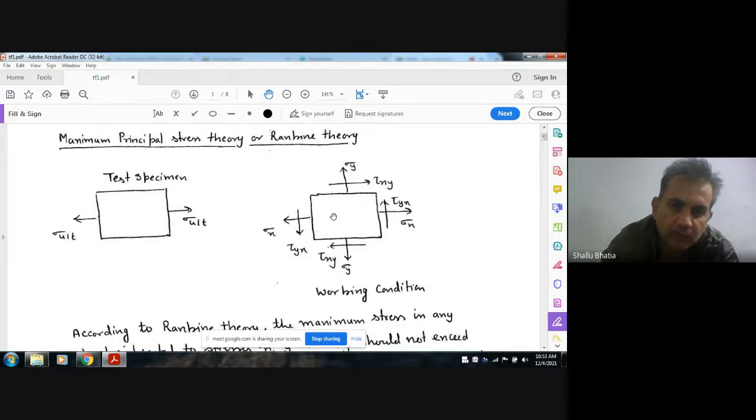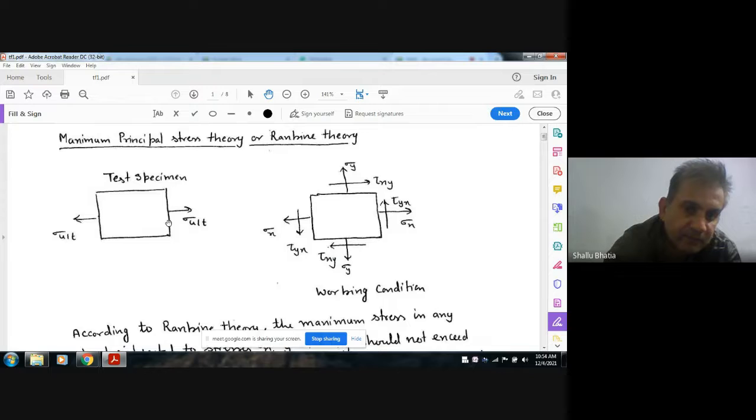Now we will find out the principal stress in the working specimen, and the principal stress in the test specimen which has failed. We are assuming that it has failed due to ultimate stress. So the maximum principal stress should not exceed this stress.